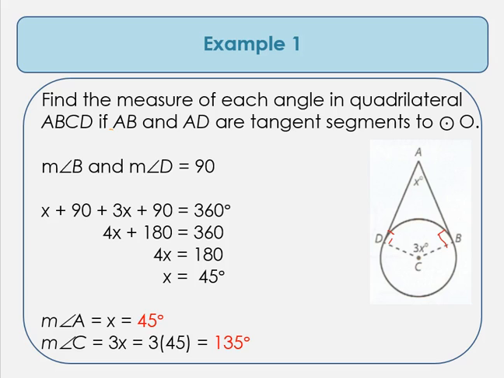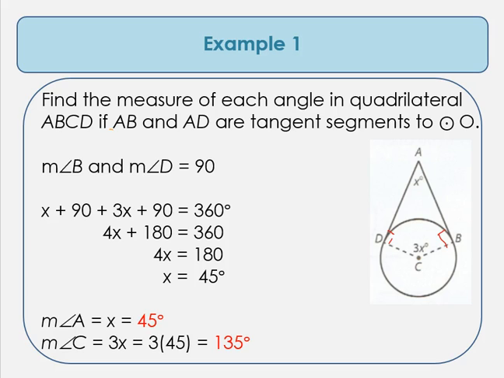Now we have the quadrilateral, and what we can do to solve for the measure of each angle is to remember all our properties about quadrilaterals. First of all, the angles in a quad equal 360 degrees. So using algebra, you will add each individual angle. So we have x, let's start with A, we have x plus B, which we know is 90, plus C, which is 3x, plus D, which is 90, equals 360.